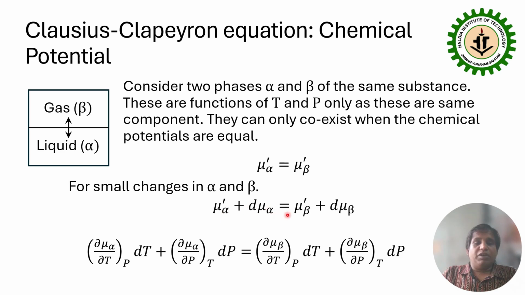So dμα and dμβ are the changes in chemical potential for the liquid and gaseous states.